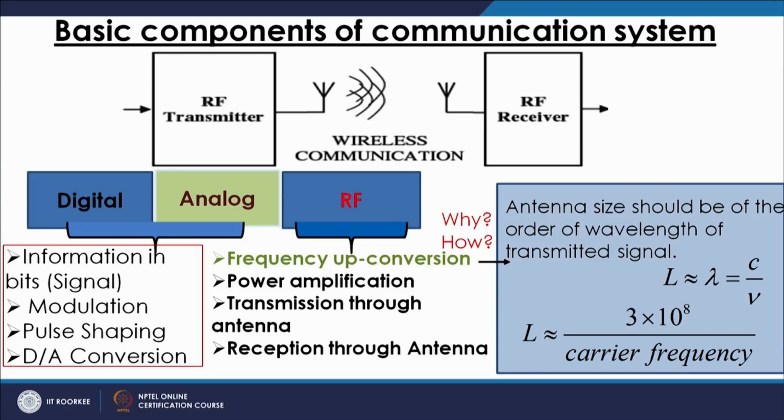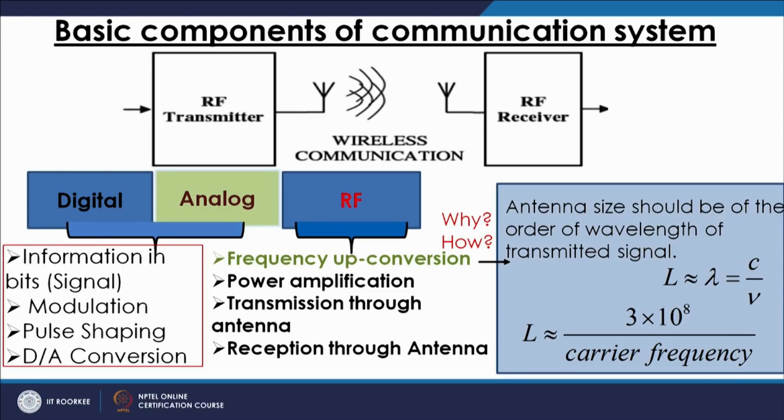So basically the antenna size should be of the order of the wavelength of the transmitted signal, which is L equal to lambda, where lambda is c divided by nu, c is the speed of light, and this nu is the carrier frequency. So if we look here, suppose our carrier frequency is 1 kilohertz, right.